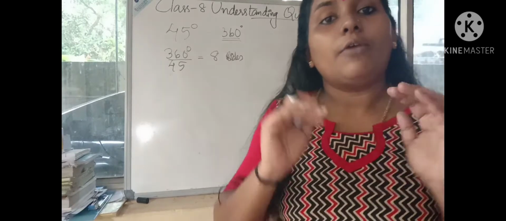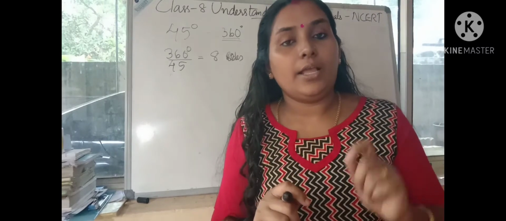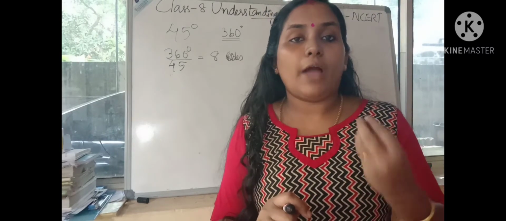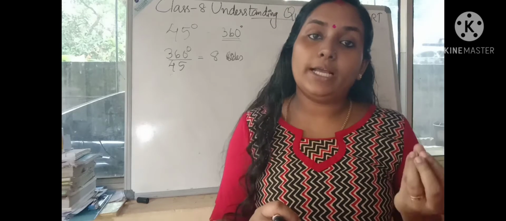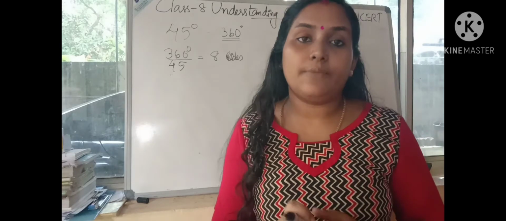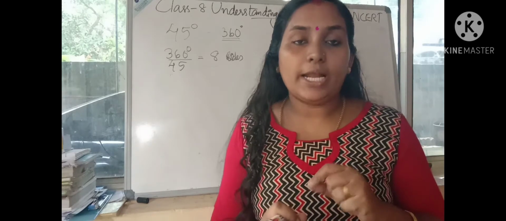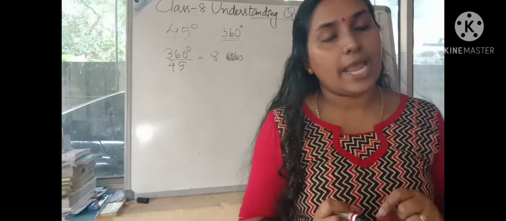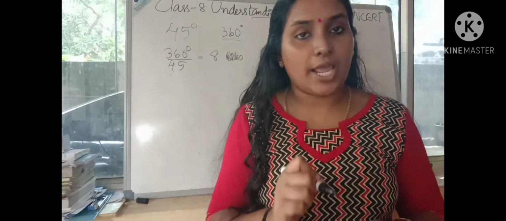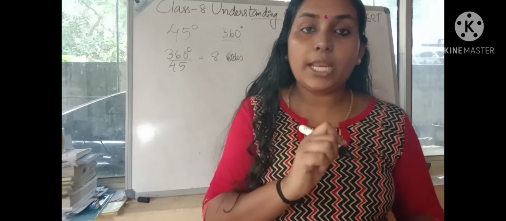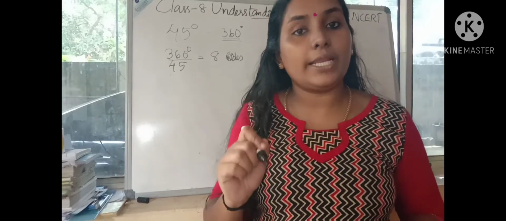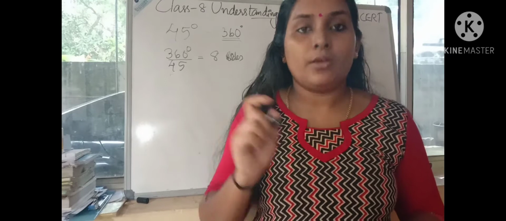Okay, if one interior angle is given, we have to find out how many sides the polygon has. Okay, if the polygon has 3 sides, then we know that it is a triangle and the sum of the interior angles will be equal to 180 degrees. That means supplementary, right?